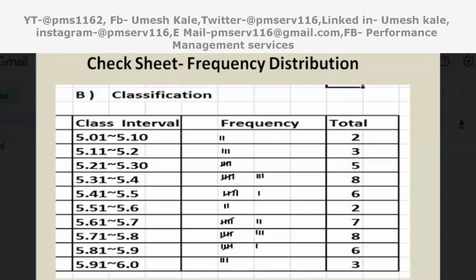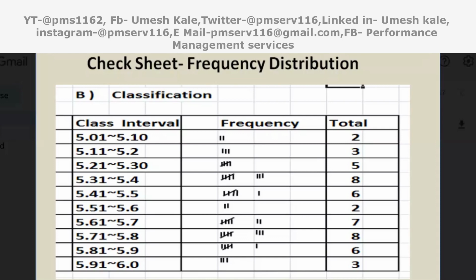The first class interval is 5.01 to 5.1, the second is 5.11 to 5.2, the third is 5.21 to 5.3, the fourth is 5.31 to 5.4, and by this method we have made intervals up to the last, 5.91 to 6.